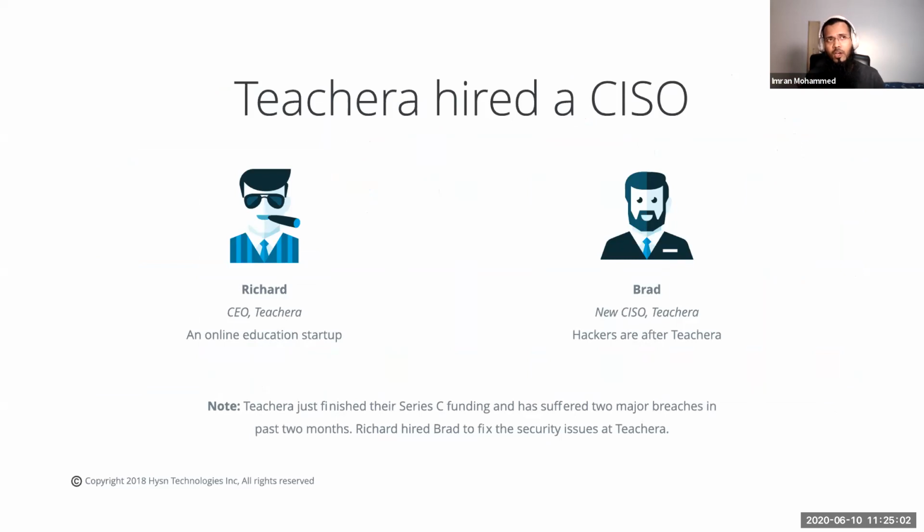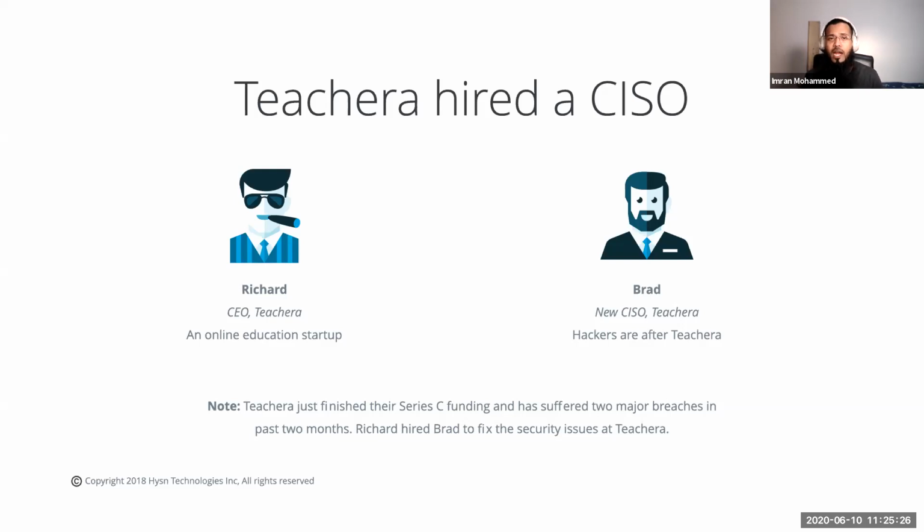Because of the glamour around startups and the visibility they got from the Series C funding, they started to see lots and lots of attacks on their web app. Eventually they got compromised, and not just once, but twice, because there was no one handling security at the moment. They are a company of about 50 people.